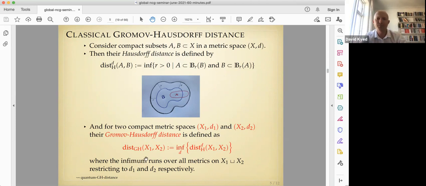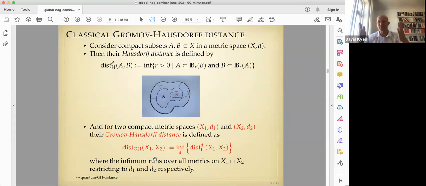And what you do is you look at the disjoint union of the two sets. Then you look at all metrics on the disjoint union, which restrict to the two metrics on the two spaces. And then you look at the Hausdorff distance between the two spaces within the disjoint union. And then you do an infimum over all such distances.